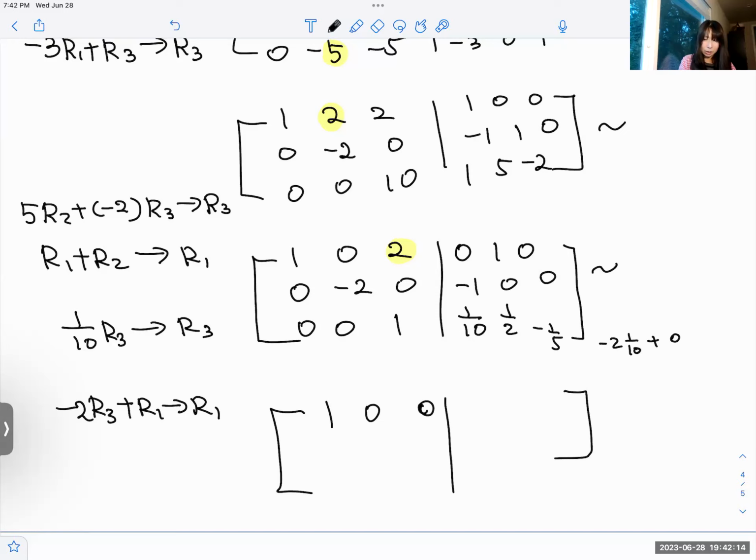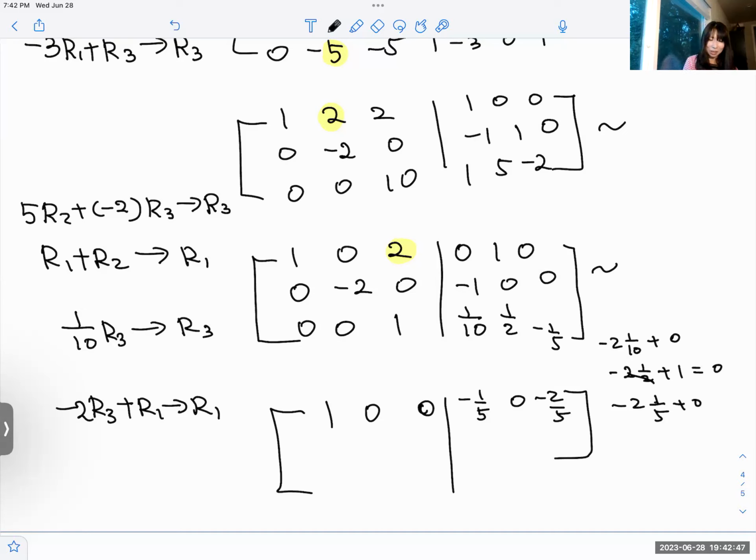So that is -1/5, and then -2 R3, which is 1/2 plus 1, that is 1, is 0. Okay, all right, -2 R3, which is 1/5 plus 0, which is -2/5. Woo!